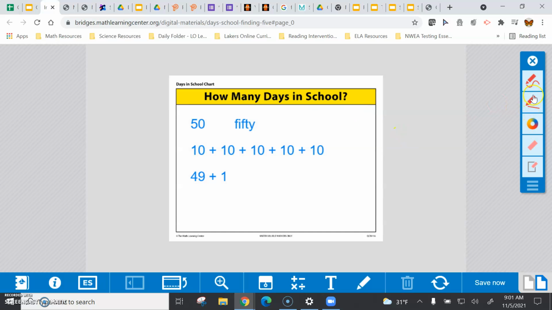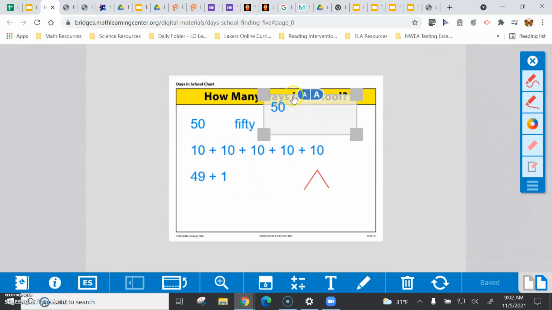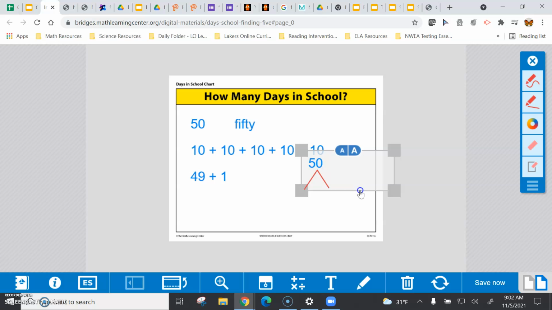I am going to add a number tree because I love those number trees as a way to help us understand math more. So here's a number tree that I'm starting, and I'm going to put the number 50 at the top of the number tree. And then add the 2 numbers that go below it.